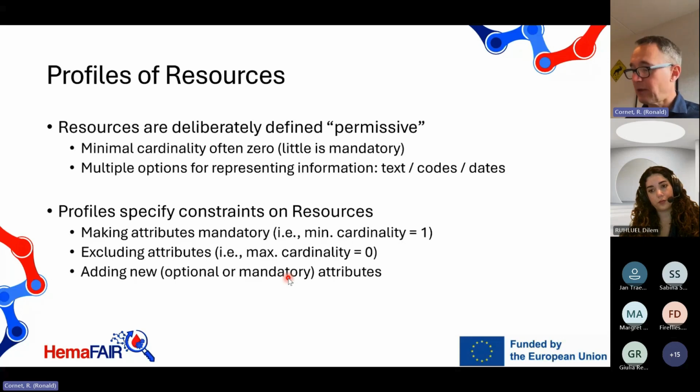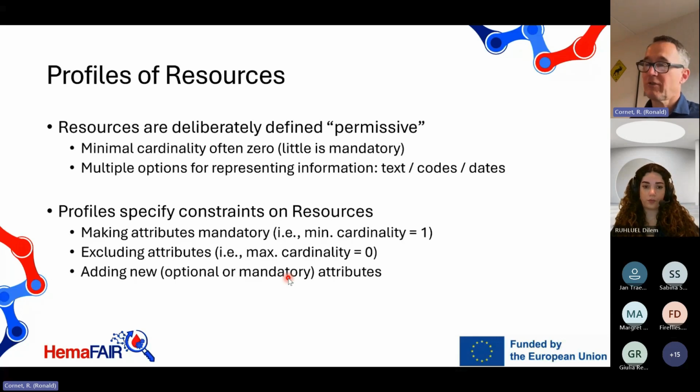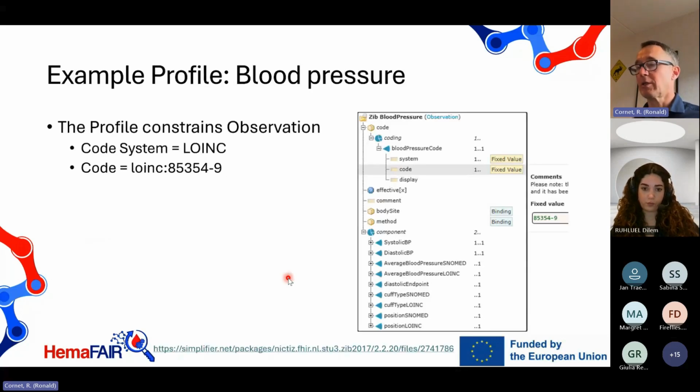We can exclude attributes. Maybe in the Netherlands, we say, oh, we don't want to exchange race information. And then we say, okay, race is not part of the Dutch patient profile. And you can add new optional or mandatory attributes. So as an example, I took a specific observation, the blood pressure observation, for which we can create a profile.